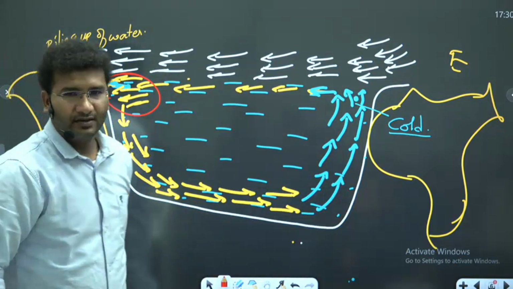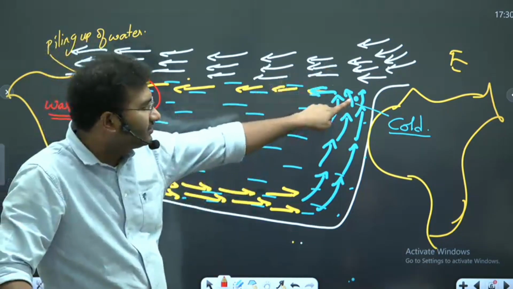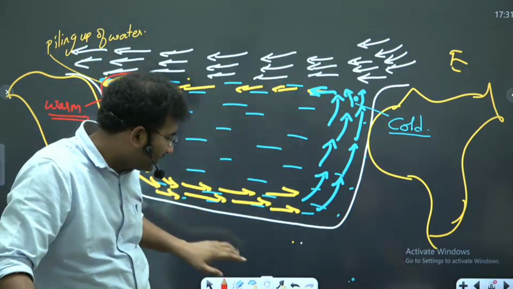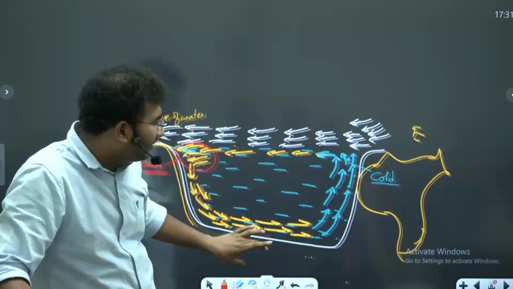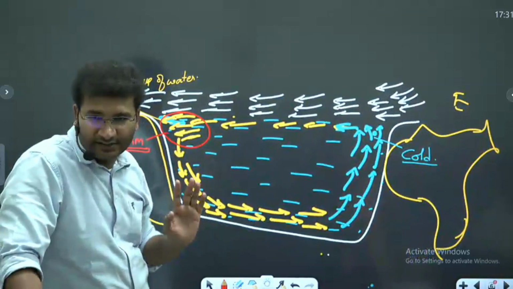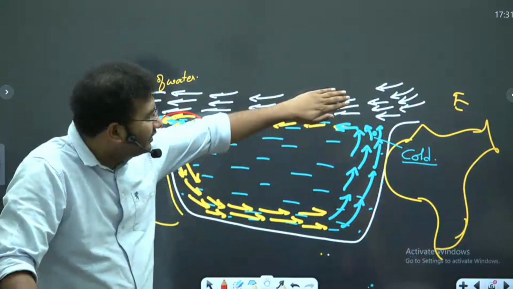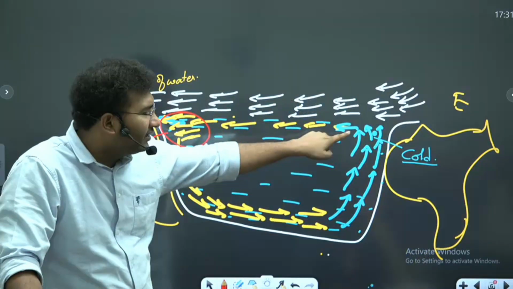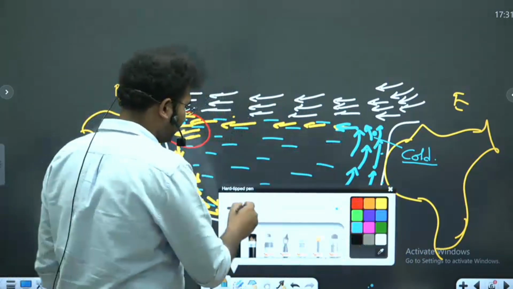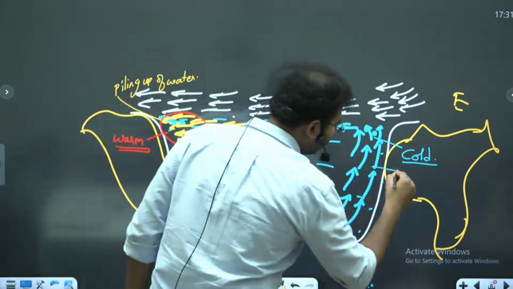Isn't this wind that has influenced the presence of the cold water here? Now you tell me, which water will evaporate? Is it cold water or warm water? Warm water will start to evaporate. That means winds, while they are moving, they made this part of the area to be cold. Why cold? Because of upwelling.